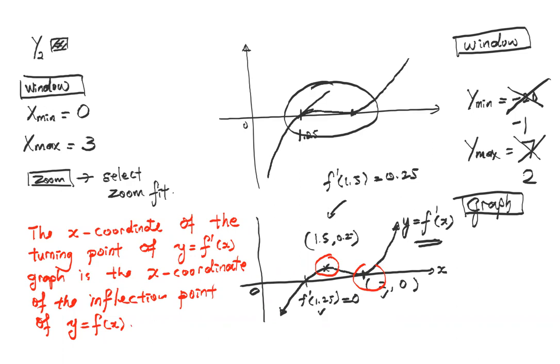So if I want to know the x coordinate of the inflection point of y equal to fx, I can get it from the graph of y equal to f prime x.